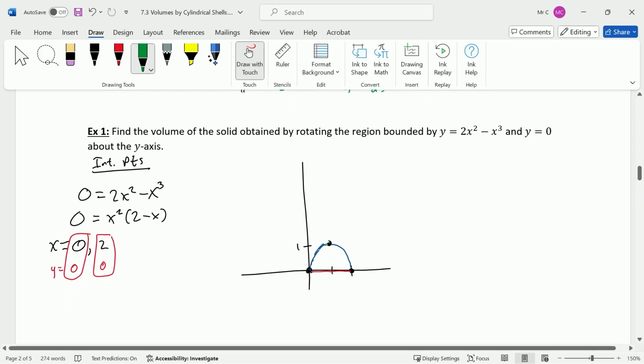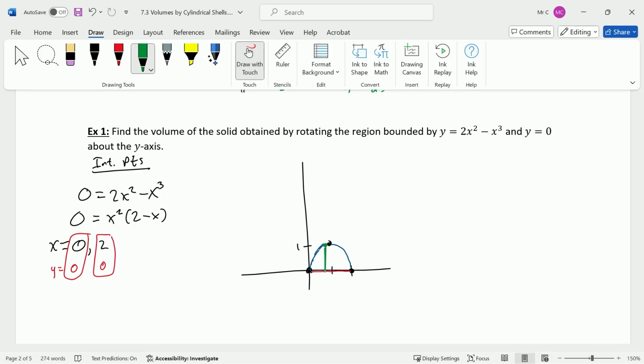So pick a point on your graph, draw a straight line between your upper and lower bound here. And then take that line and rotate it about the axis of rotation. So our axis of rotation is the y-axis. So I imagine taking this line and just rotating it here. And that's my cylindrical shell.